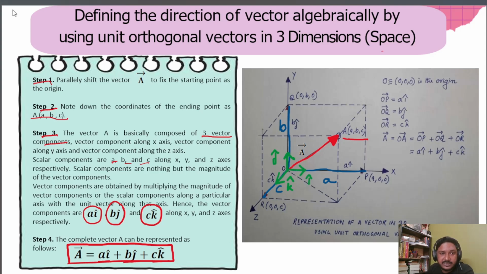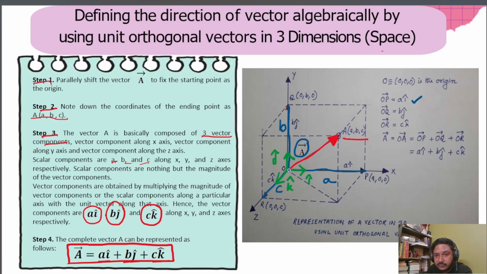As we have seen here, we know the length from O to P, which is equal to small a. Multiply this with the unit vector along x-axis, and we get this OP vector. This is the vector component of this entire vector, which is the total vector, capital A. So the vector component of this vector along x-axis is OP, which is a i cap.